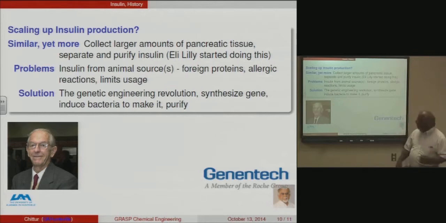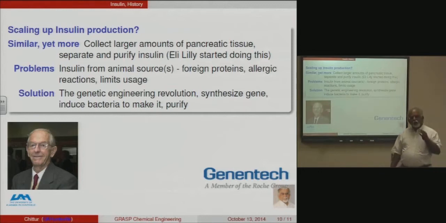That, of course, was made possible by the genetic engineering revolution that happened in the 20th century, where we understood about genes and the engineering of bacteria to make genes and so forth. There's a gentleman here, I'll come back to his picture a little later. His name is Fred Sanger.